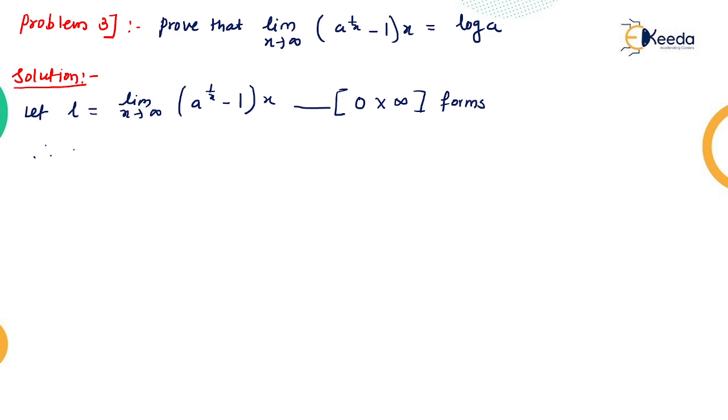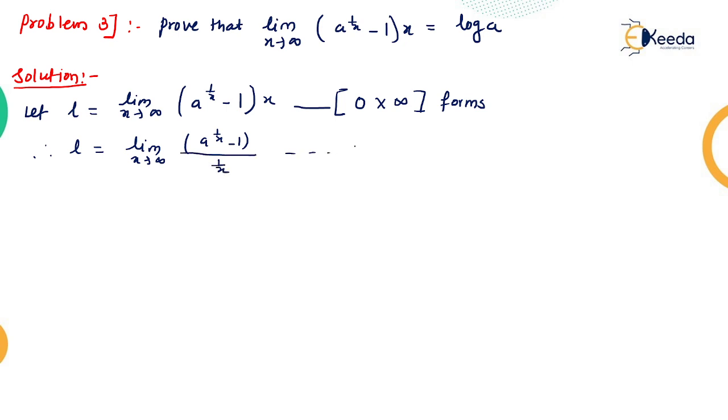So this limit L can now be written as the limit as x tends to infinity of (a raised to 1 by x minus 1) divided by 1 upon x.